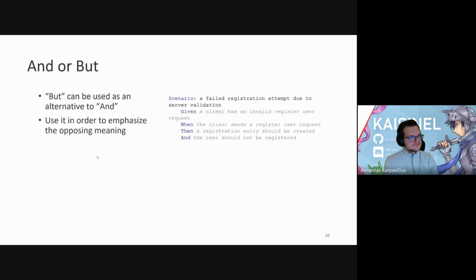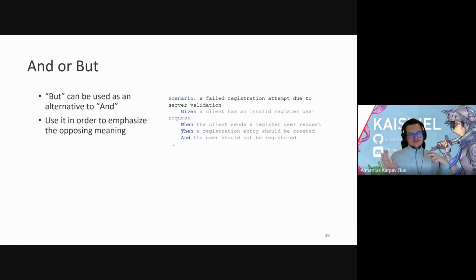Let's move on. A simple word like "but" is also something that you can consider. So here, consider that there was some registration process which failed because the request was invalid. And then you read the expectation as such. So then a registration entry should be created. So there's some auditing done. And the user should not be created.